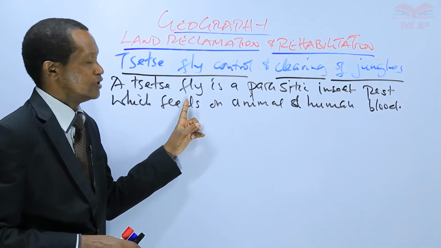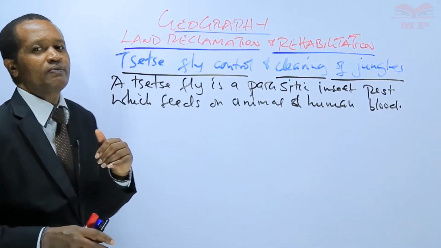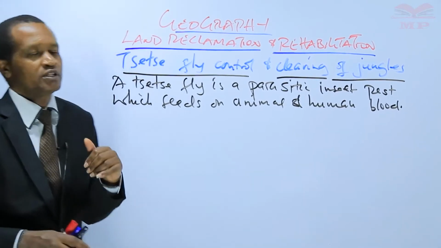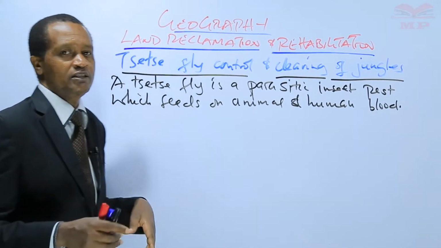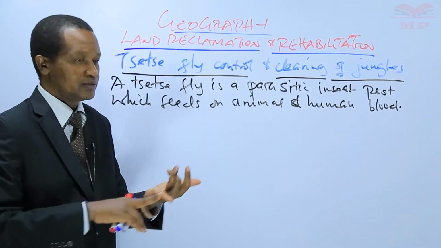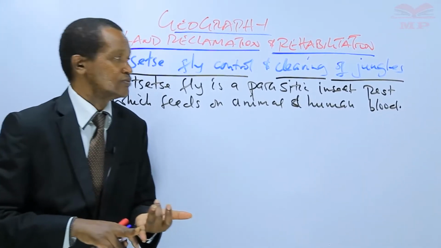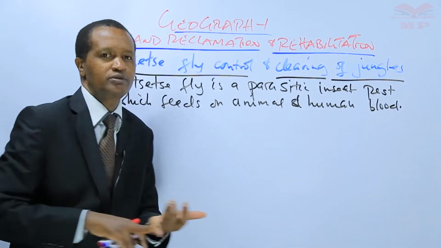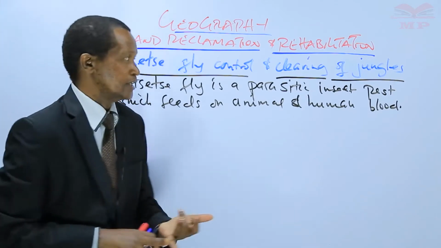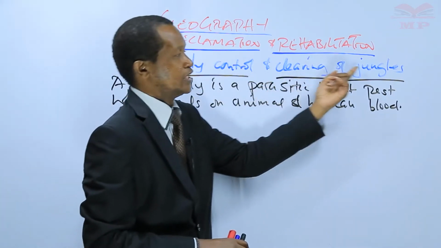Now learners, some of the control measures that were applied to eliminate tsetse fly included one, bush clearing.